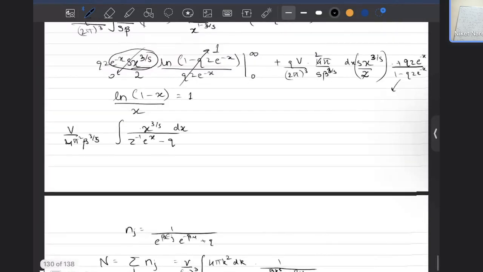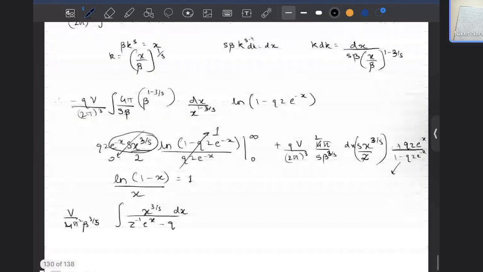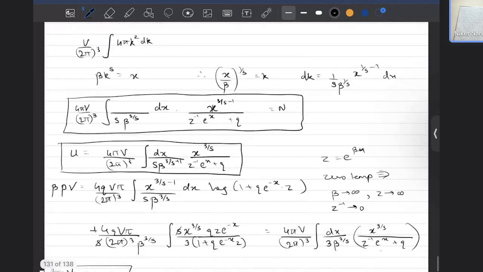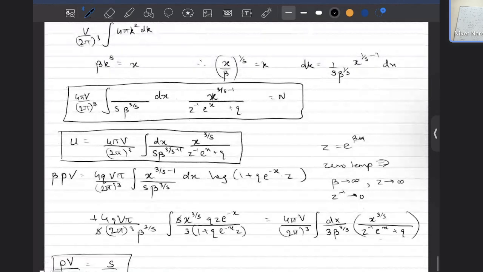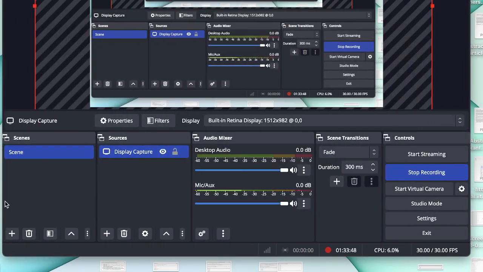I directly solved this, but I don't remember the expression part. Beta PV is just this. Okay, I'll have to check it in Sir's lectures itself. So let me do that only.